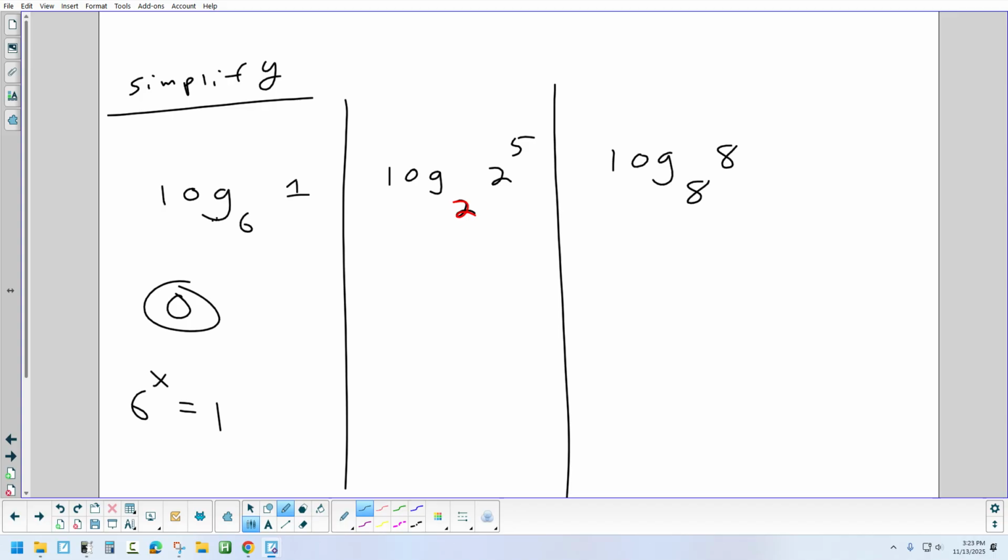Which 2? Can you give me a color? Yeah, the red. So the red 2 is my base. And we're solving for the exponent. We don't know that. That's like if you set it equal to x. We don't know the exponent. But what would go on the other side by itself?